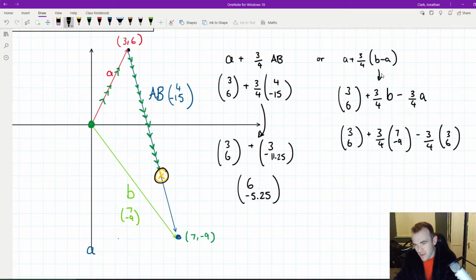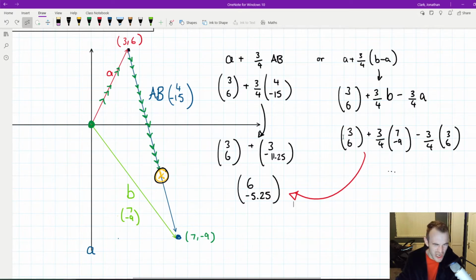If you went through with that, you should still get this answer here. Personally, I like to keep it like this. I don't see why you'd need to break it up into this secondary formula, really. Let's stick to that. Exercise for the viewer: just check that that works out the same. It should do.